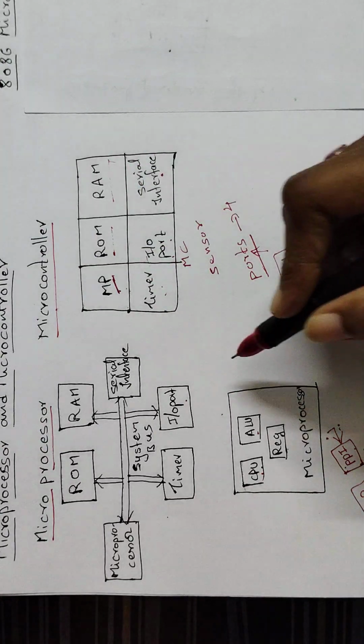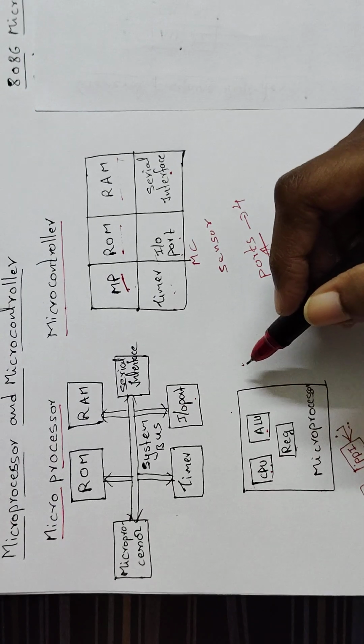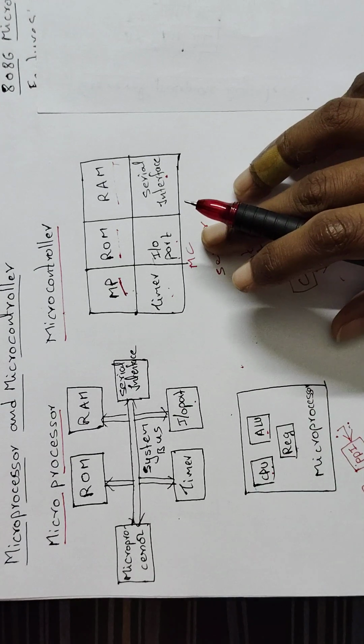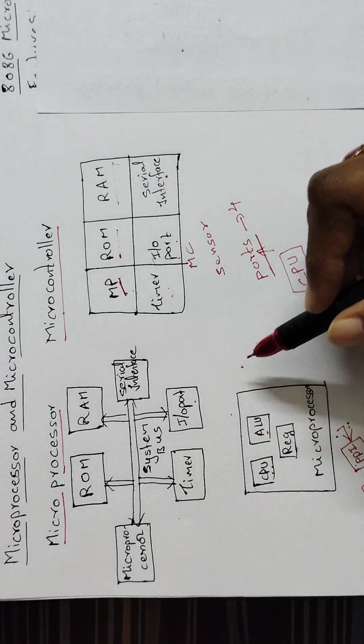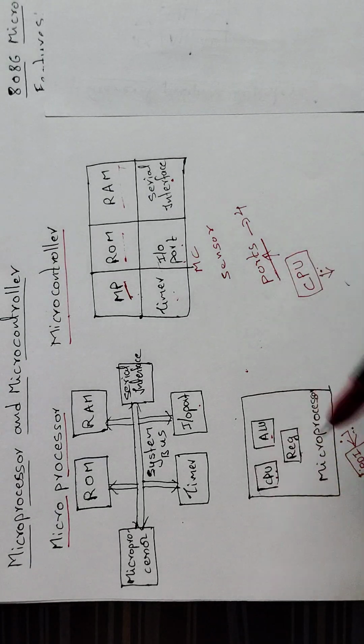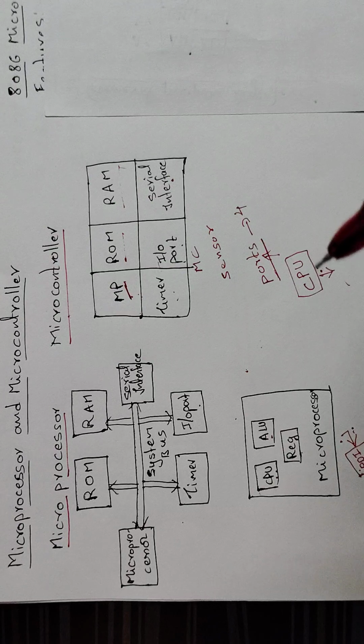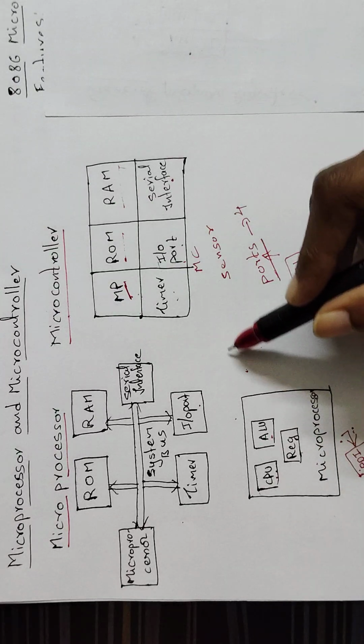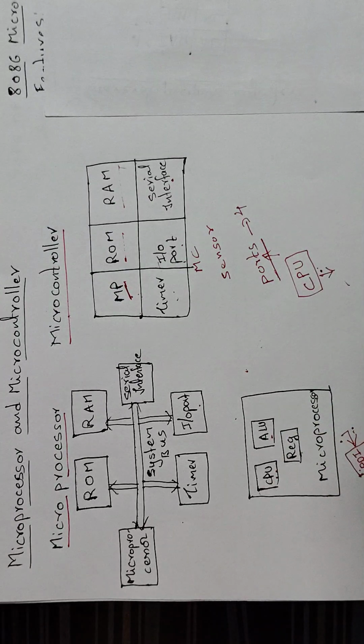One more example: five or seven years back, we used mobile phones where we had to interface a memory card externally. There was a port given for the SD card.